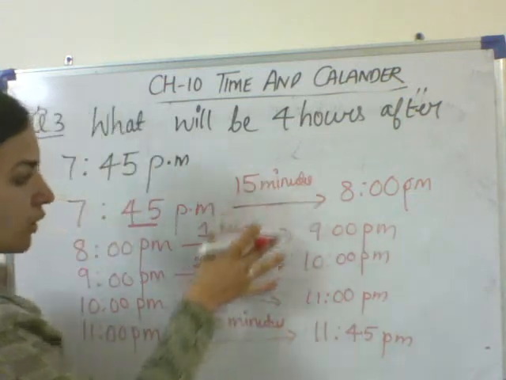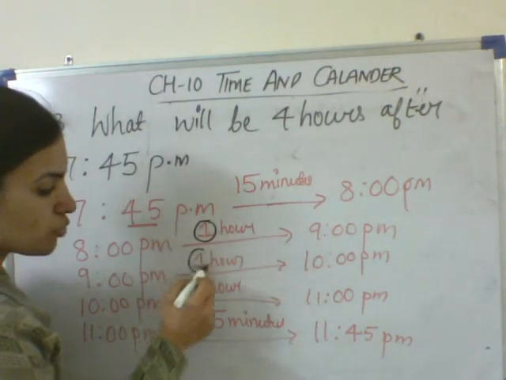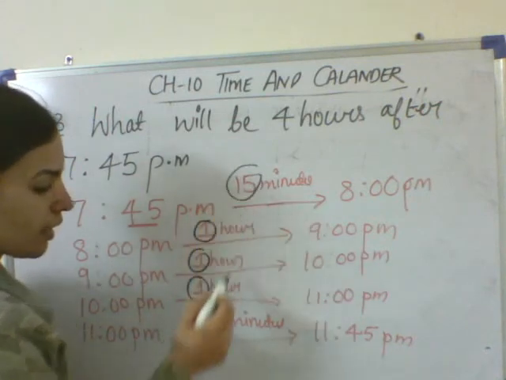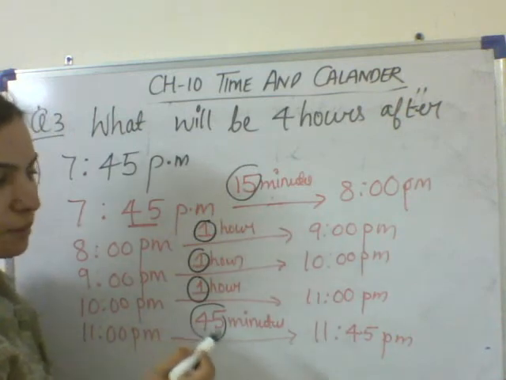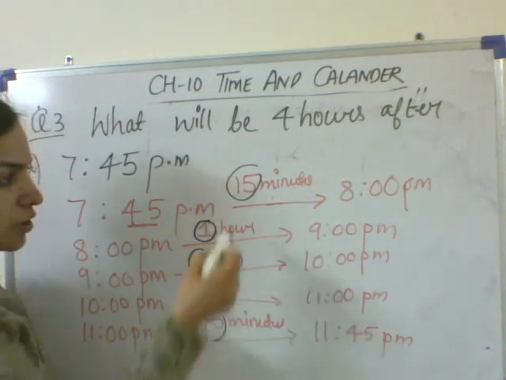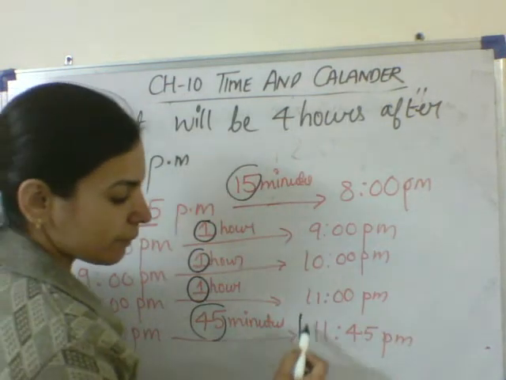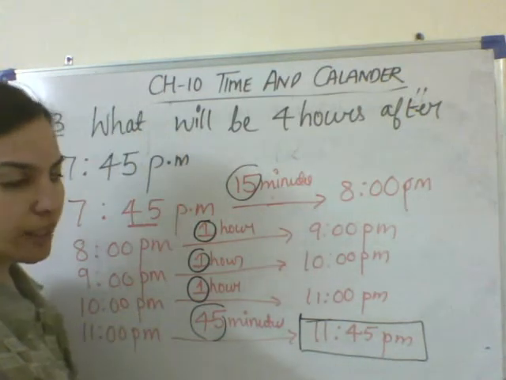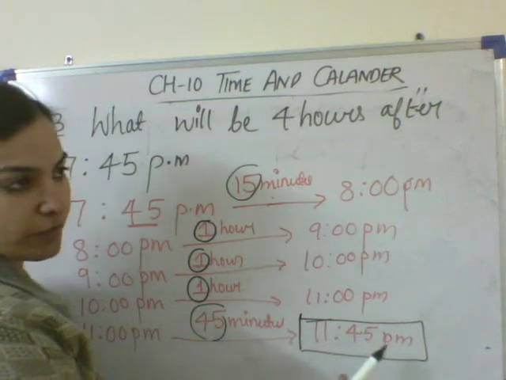Now if I count all this, if I add this 1, 2, 3 hours, 15 and this 45, 15 plus 45 is 60 minutes. 60 minutes is equal to 1 hour. So total 4 hours is done. So after 4 hours, what will be the timing? The timing after the 4 hours will be 11:45 p.m.